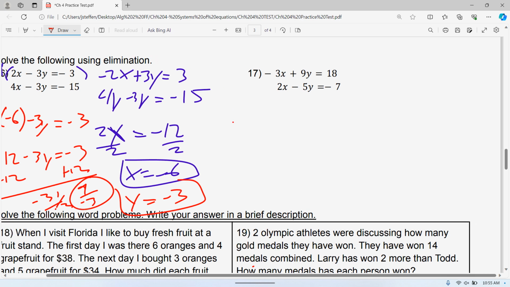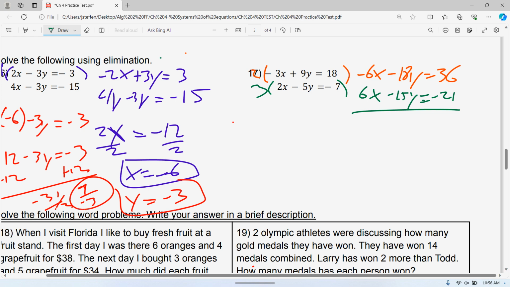All right, moving on, number 17. Hopefully this goes smoother. This one you have to multiply both, so that gives you -6x minus 18y is equal to 36. My second equation, to get 6x minus 15y is equal to negative 21, sorry.